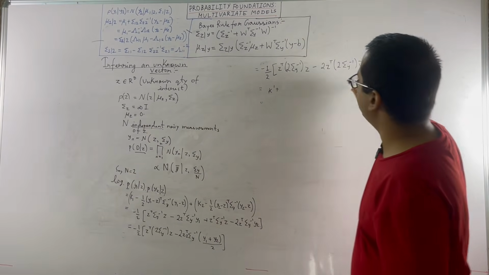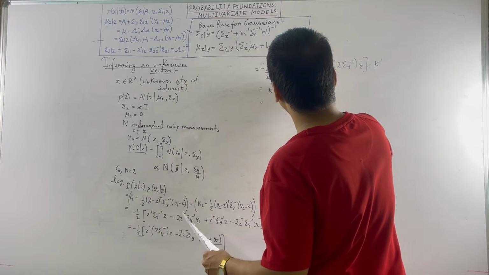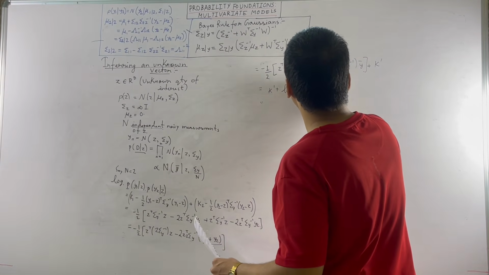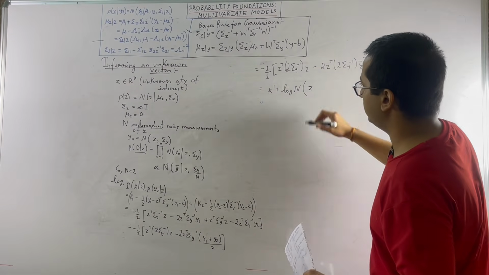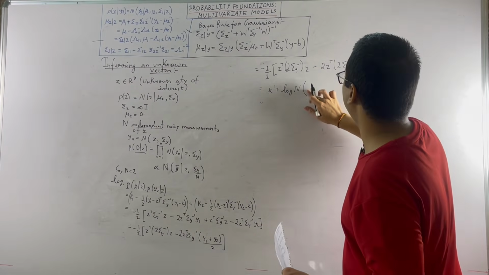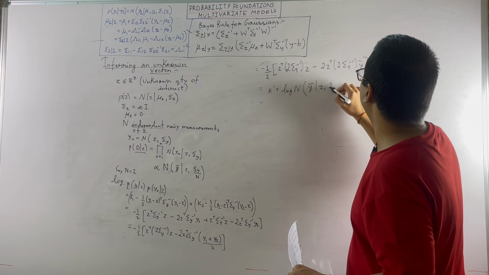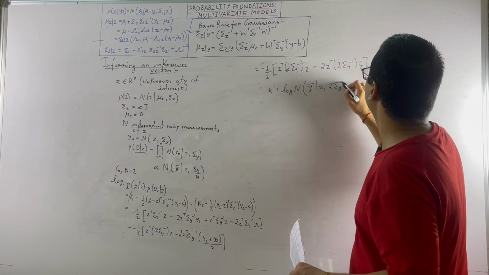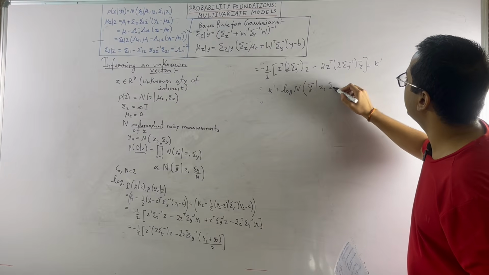So this is basically from a Gaussian distribution, taking y bar only, whose mean is z and covariance should be sigma y by 2, right?